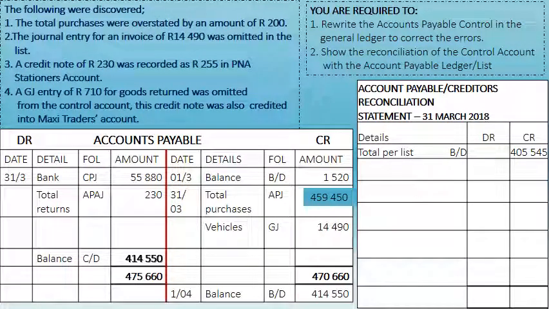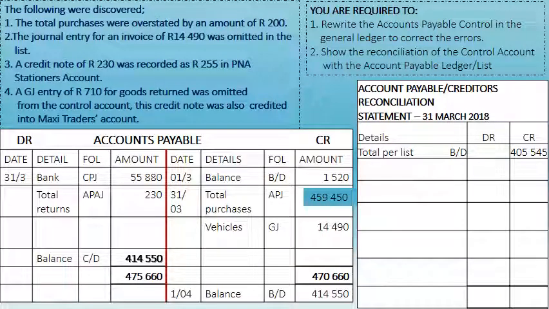The second error is the journal entry for an invoice of 14,490, which was omitted in the list. The error is on the subsidiary ledgers. Therefore, we will correct it on the reconciliation statement. The first entry on the reconciliation statement will be to bring in the closing balances that were added from the subsidiary ledgers.